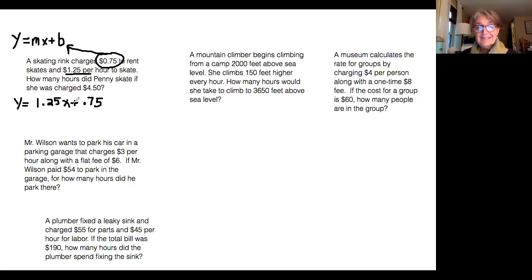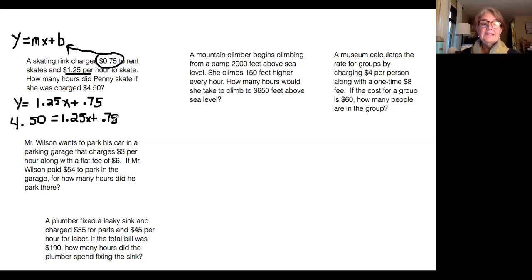So now we're trying to solve for how many hours she skated. So let's do 4.50, I'm sorry, that was her total. And that's going to be equal to the 1.25x plus 0.75.